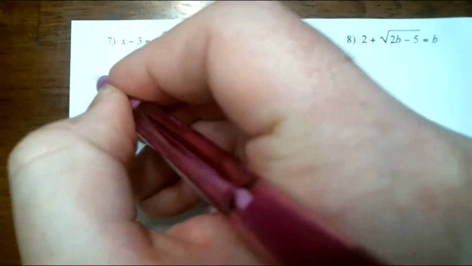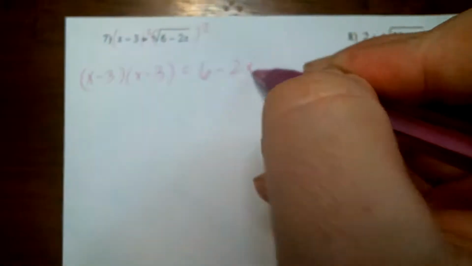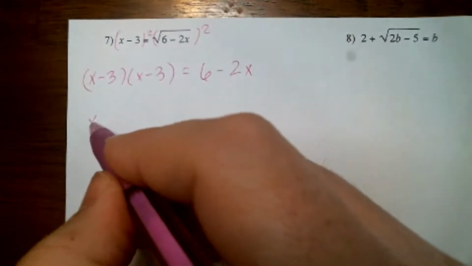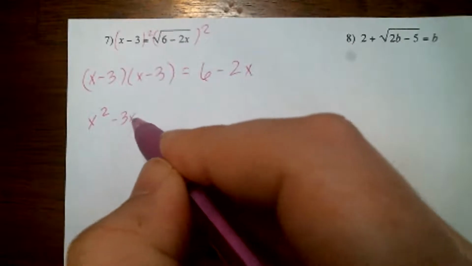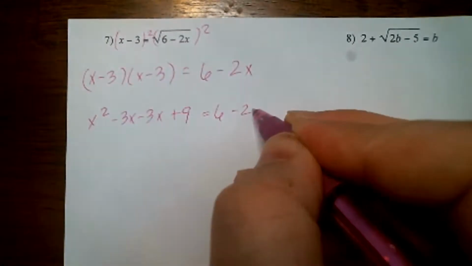So with 7, square both sides. You get x minus 3 times x minus 3 is equal to 6 minus 2x. That's x squared minus 3x plus 9 equals 6 minus 2x.